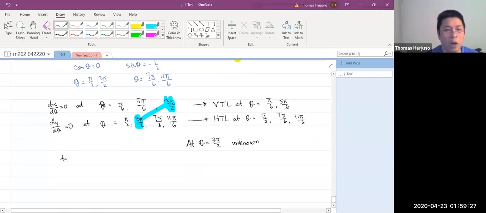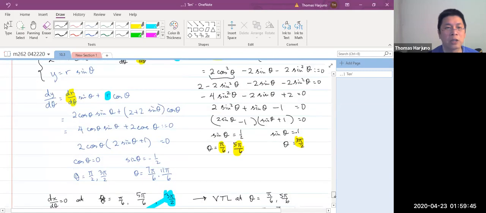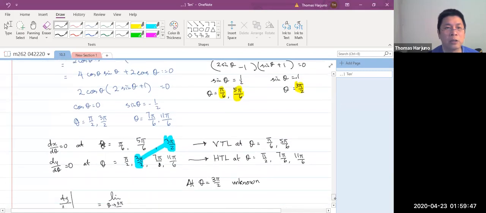So dy dx at theta equals 3 pi over 2, we will use limit, theta approaching 3 pi over 2 of the expression dy d theta over dx d theta. What is the expression? On the top, 4 cosine theta sine theta plus cosine theta.